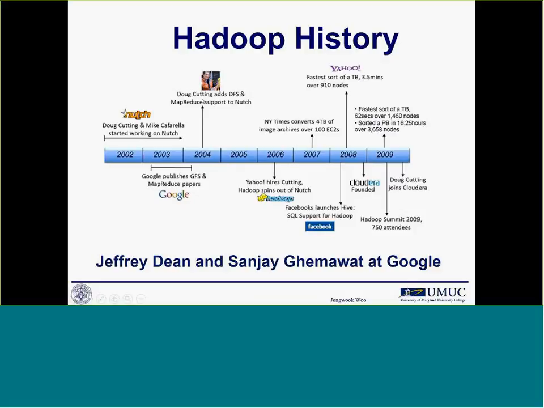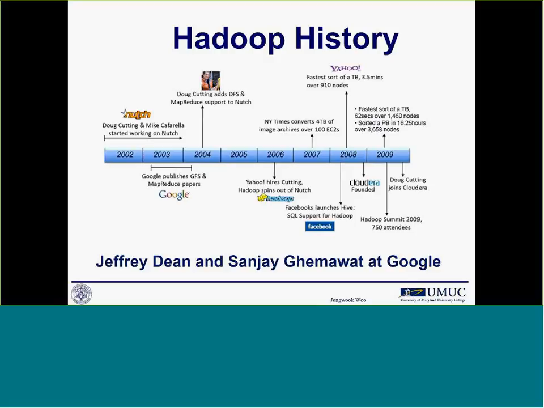That was made mostly to support the Nutch web search project, but it became much bigger than just integrating into Nutch. And also around 2006, Yahoo hired Doug Cutting, and so Hadoop became an individual project in Apache.